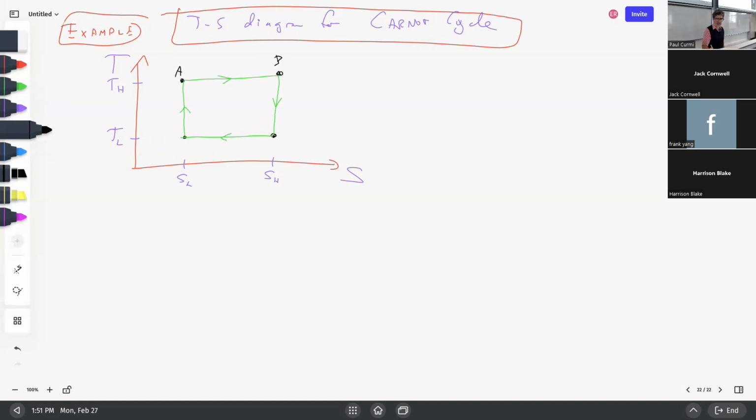A, B, C, D. A to B is isotherm, T hot. B to C is adiabat. And C to D, isotherm, T low. And D to A, adiabat.